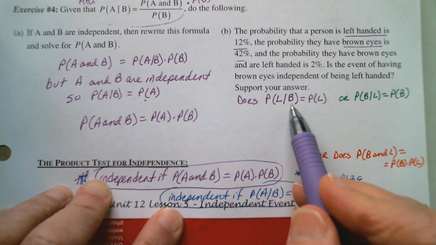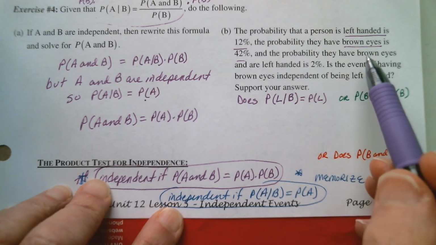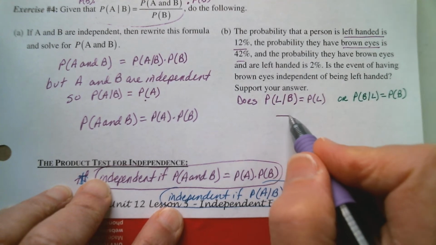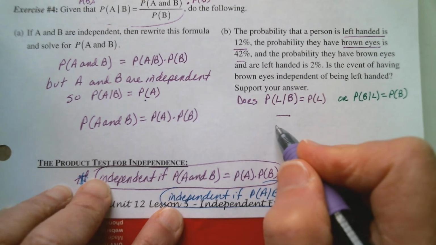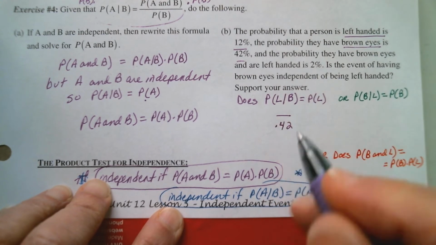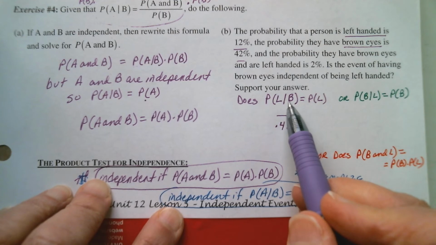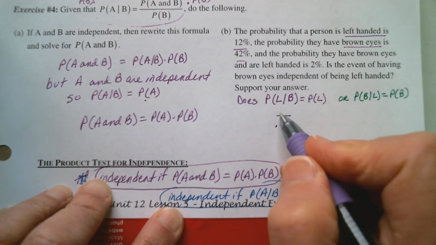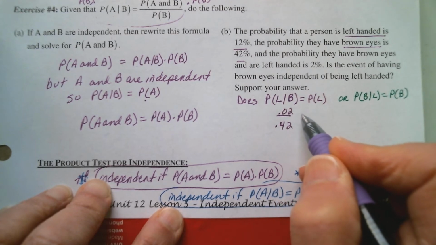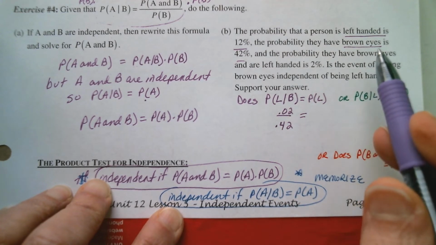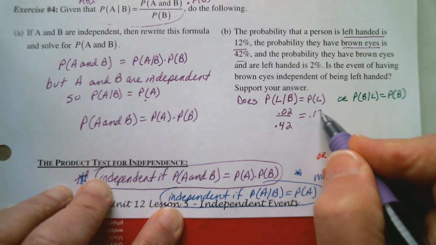Left-handed given brown eyes. The denominator is brown eyes, which is 0.42. And the numerator would be left-handed and brown eyes, which is 0.02, sorry. Does that equal probability of left-handed, which is 0.12?